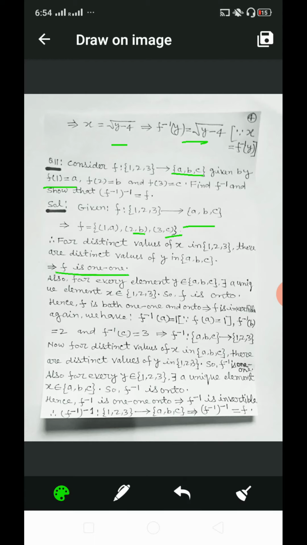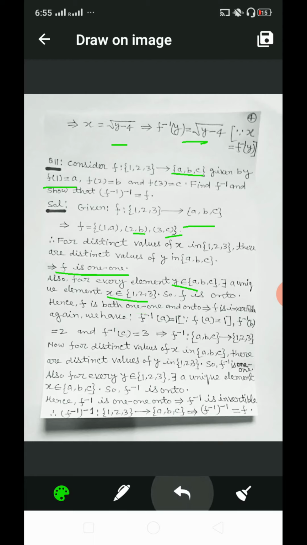Also for every element y belonging to the set {a, b, c}, there exists a unique element x belonging to the set {1, 2, 3}. So f is onto, and on the basis of above we can say that f is both one-one and onto, that is f is invertible.